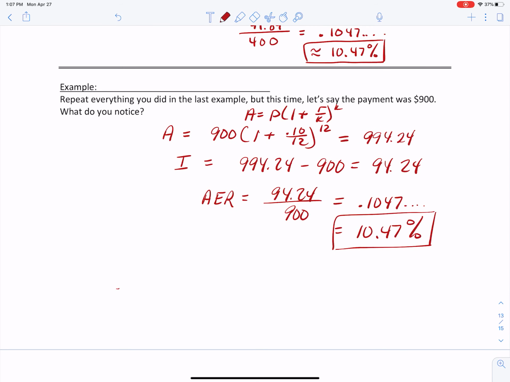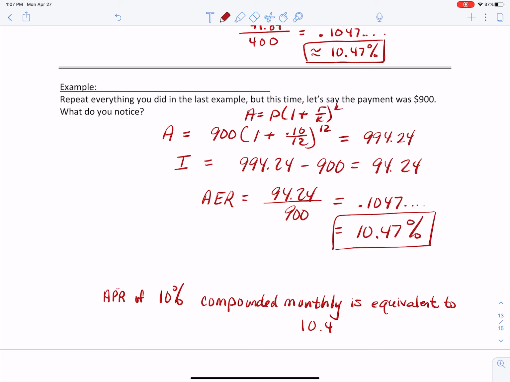So here's a statement we could make. An APR of 10% compounded monthly is equivalent to 10.47% each year.